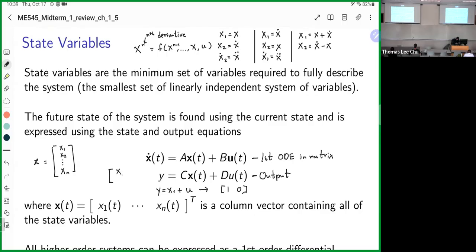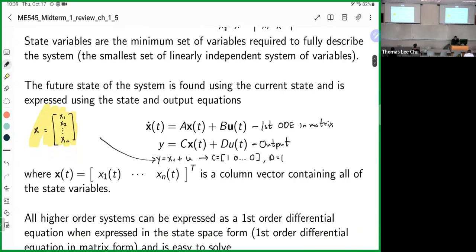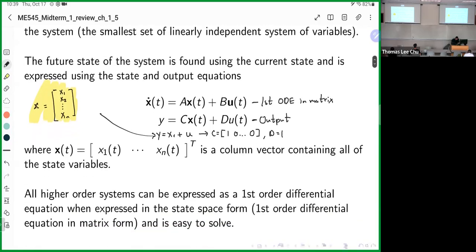Using this example here, my C matrix is going to look like this. And then my D matrix is going to be equal to 1. In this case, D is not a vector, it's just a scalar. Okay.